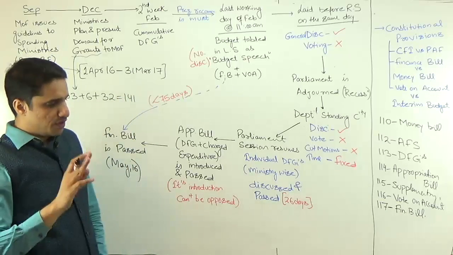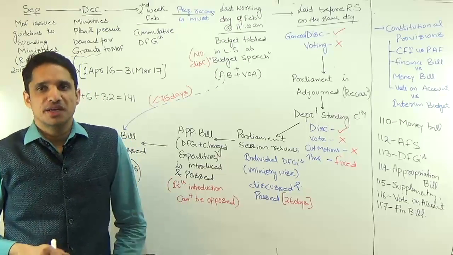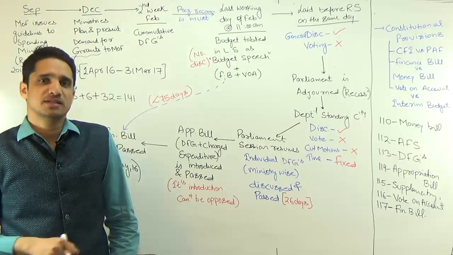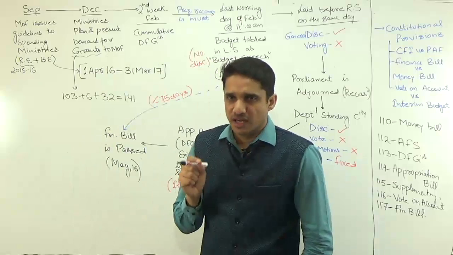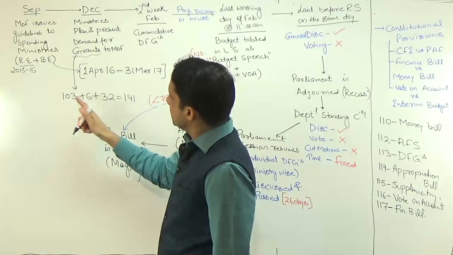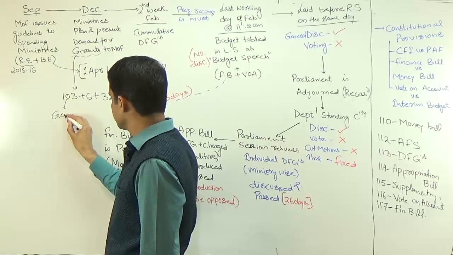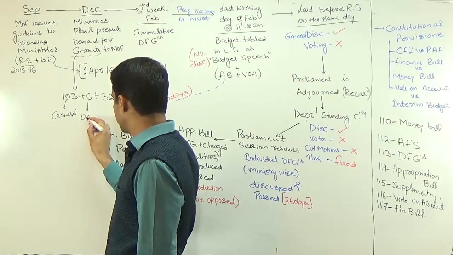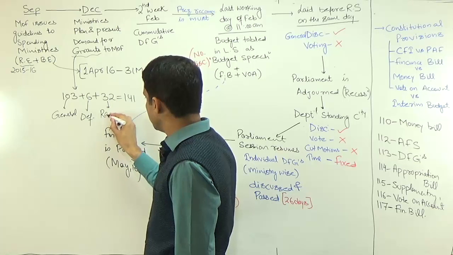So we have a total of 141 demands for grants and 54 or 55 ministries. It means one ministry can have more than one demand for grants. This thing I want to highlight. Then this 103 is the general demand for grants. The 6 is related to defense. 32 is related to the railway budget.